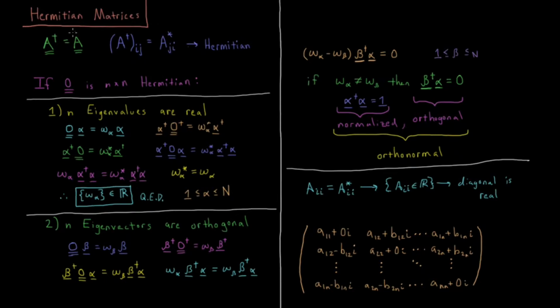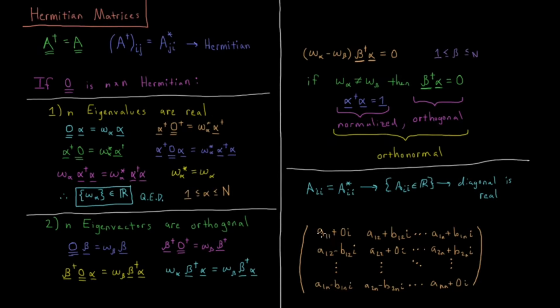Okay, also a useful property of Hermitian matrices to notice is that since the adjoint equals itself, A dagger ij equals Aji star, if i equals j, then this means that Aii has to equal Aii star. So similarly, our diagonal elements have to be real as well.